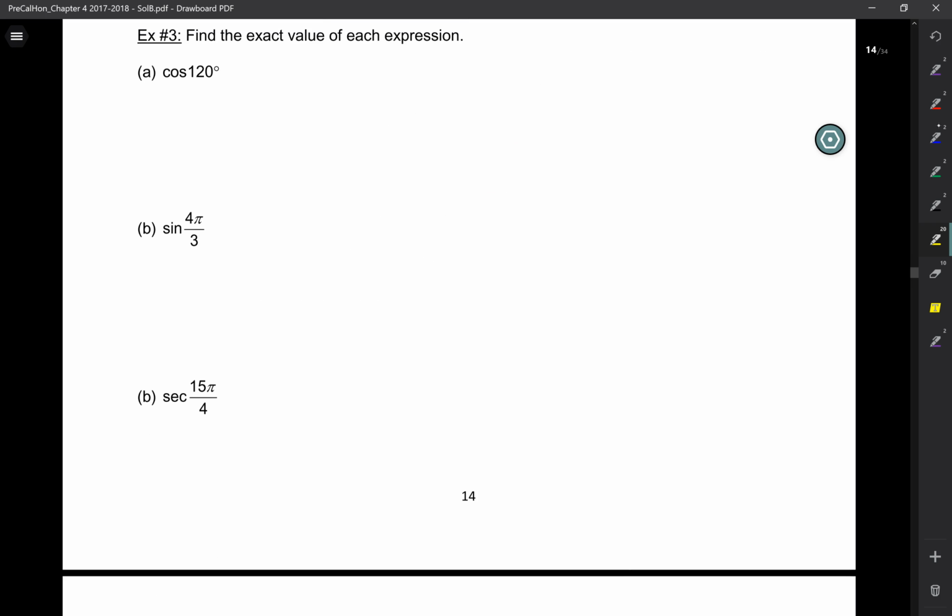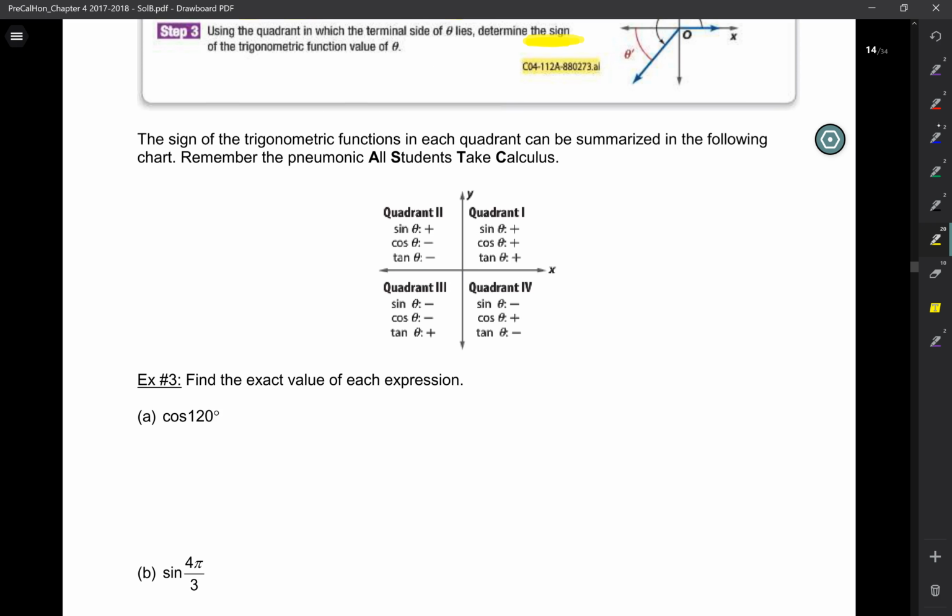before I go through these, well, I sort of touched on this, right? All students take calculus. This tells you if you have an angle in, let's say, the 3rd quadrant, is the sine of it going to be positive? Is the cosine going to be positive? Is the tangent going to be negative? So it goes by all students take calculus. Can somebody explain how we read this?